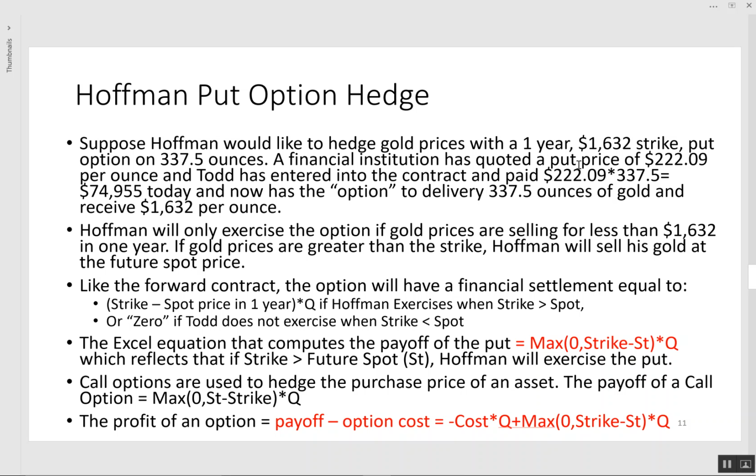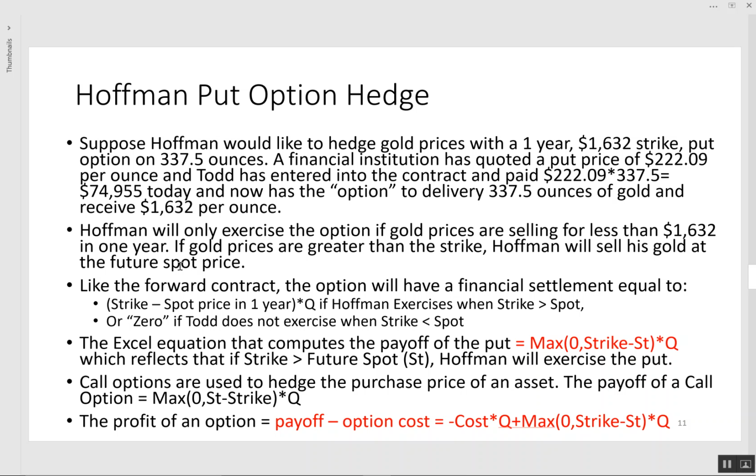And the bank tells him that the contract cost is $222.09 per ounce. So Todd today will spend $74,955 to buy a put on 337.5 ounces with a strike of 1632. And now he has the option, but not obligation, to deliver the ounces at 1632. Hoffman will only exercise if prices are selling for less than 1632.